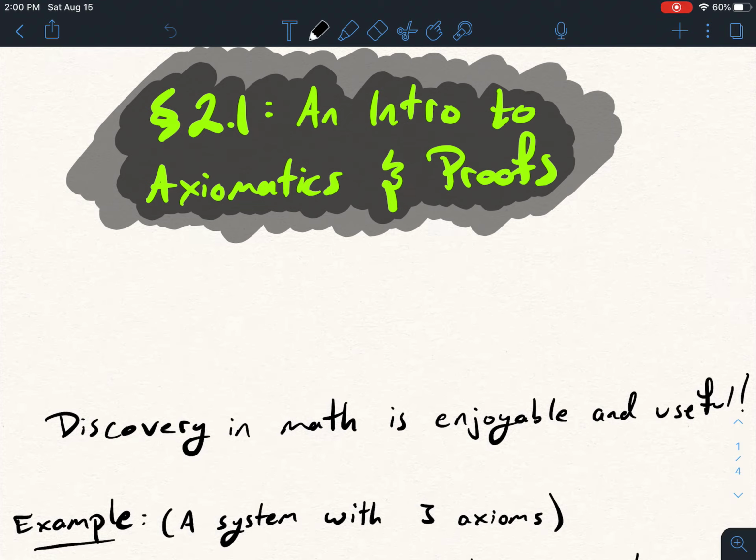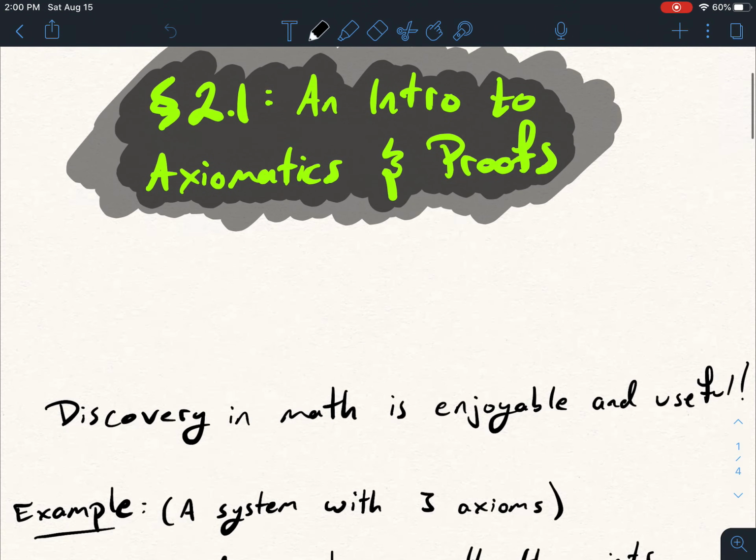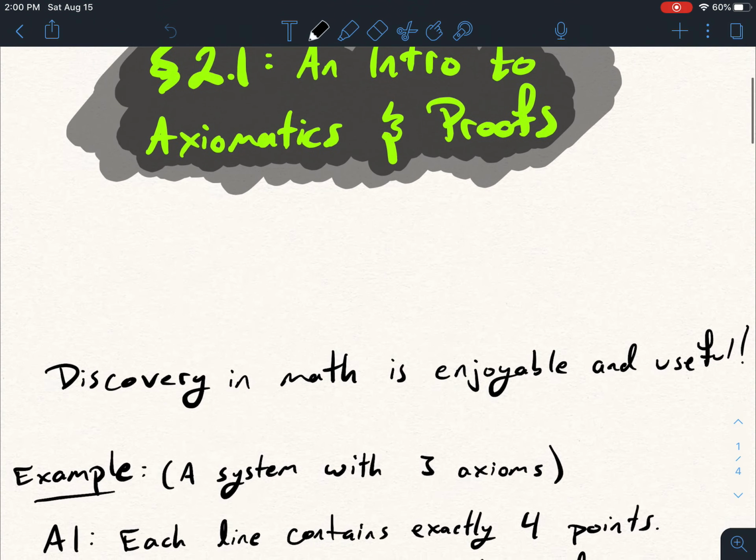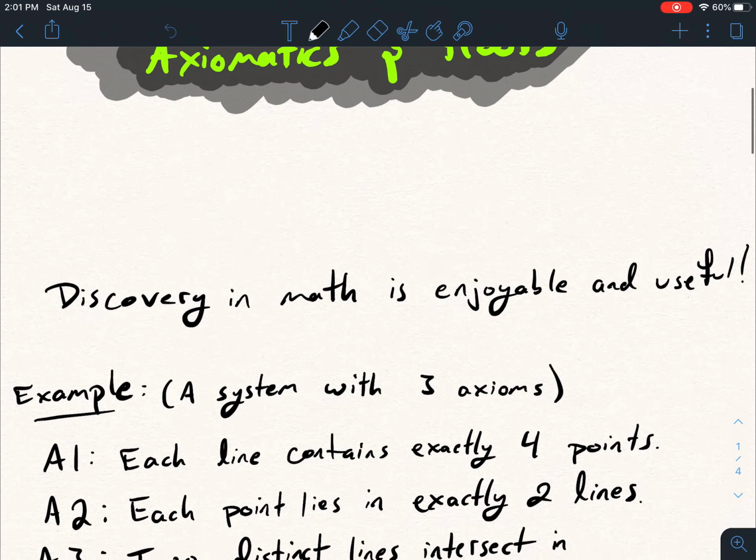So let's look at an example of a system with three axioms and see if we could answer some questions about it. The first axiom is that each line contains exactly 4 points. The second axiom is that each point lies in exactly 2 lines.